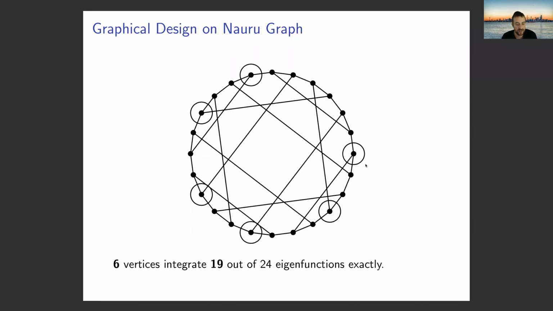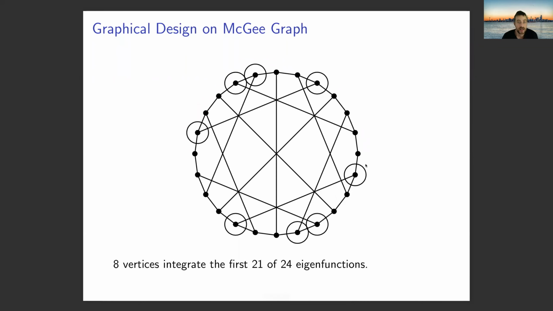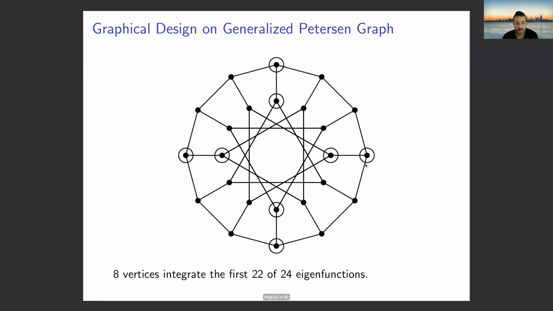So this is the Nauru graph. And here 6 vertices integrate 19 out of 24 exactly. Linear algebra tells me that with 6 vertices, six variables, the best I can hope for is satisfying 6 equations. Here I satisfy 19, which means these are really excellent sampling points for this graph. Here, the McGee graph, 8 vertices integrate 21 out of 24. The generalized Petersen graph, 8 vertices integrate 22 out of the first 24 eigenfunctions.